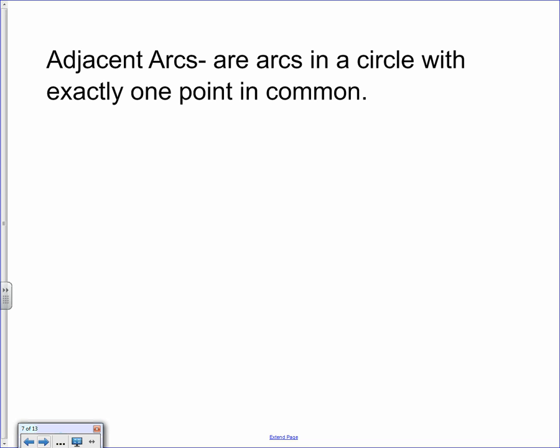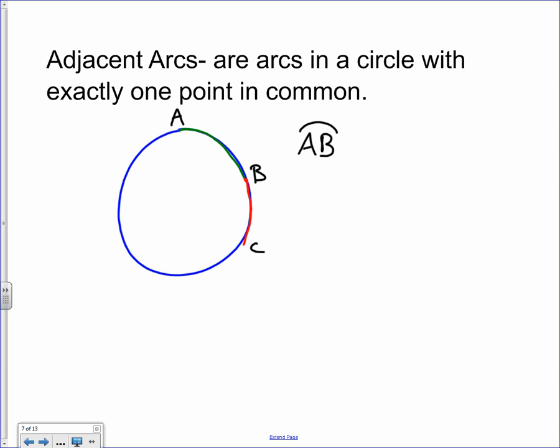Adjacent arcs are arcs in a circle with exactly one point in common. So if we have our circle, and we have one arc, and they meet right here, and we have our second arc, A, B, C. We could say that arc AB is adjacent to arc BC.